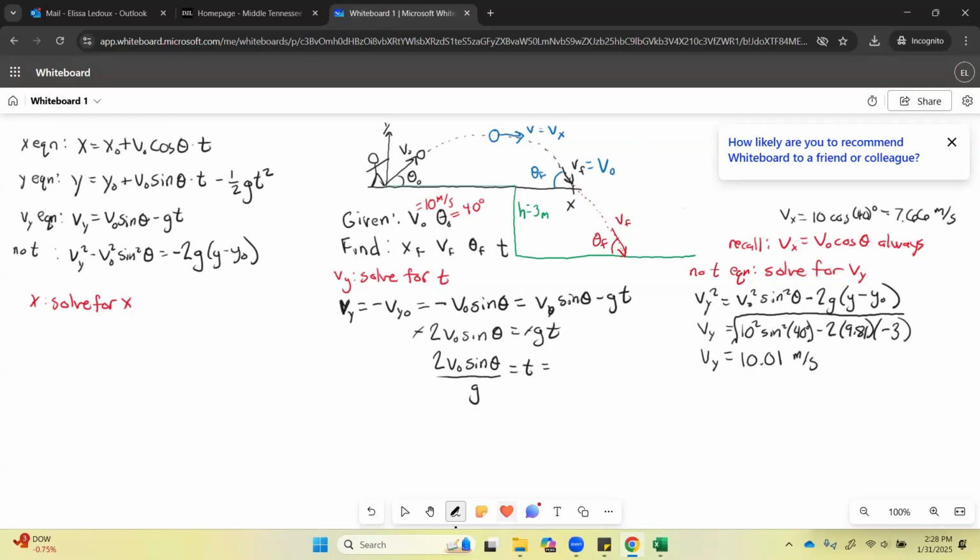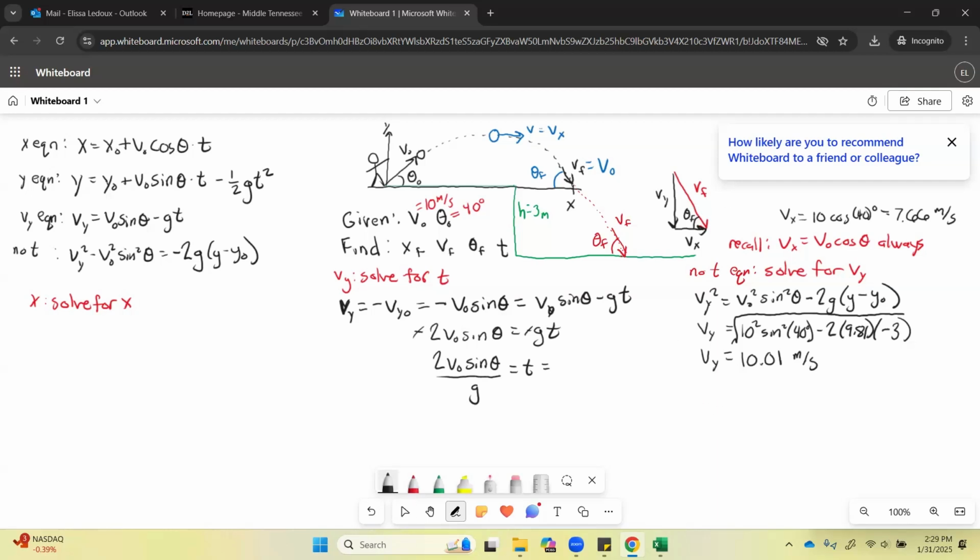So now here, we can say that this V final is one side of the triangle, the hypotenuse. Then we have the Vx here, and we have the Vy here. So we can easily find V final, as well as theta final.